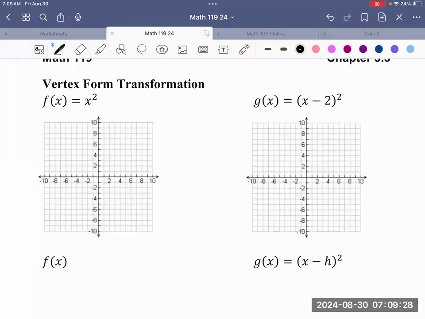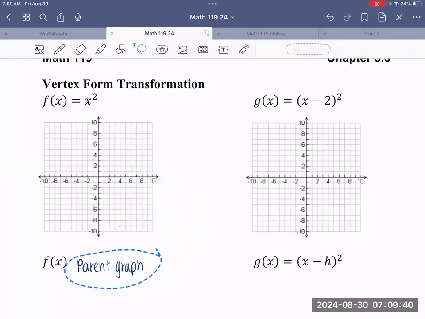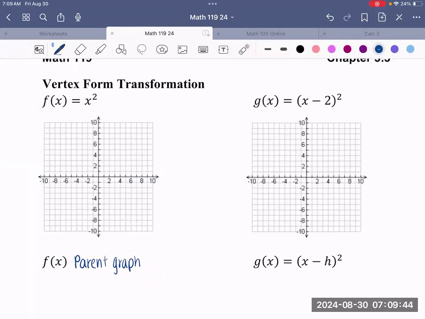So this is actually called your parent graph, or parent function. And I'm going to write that down here.